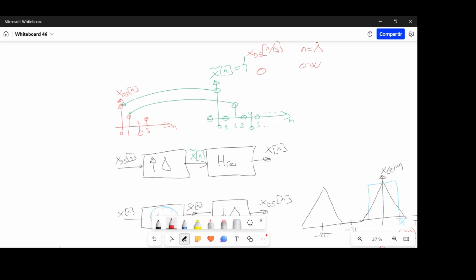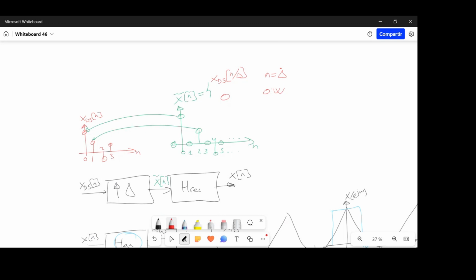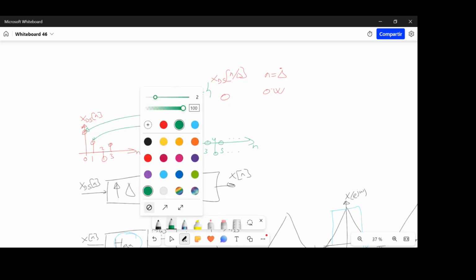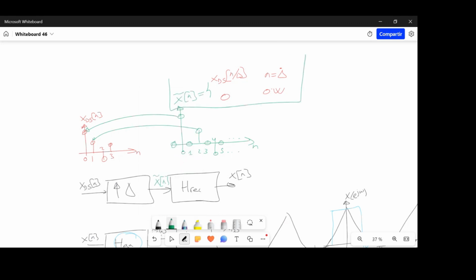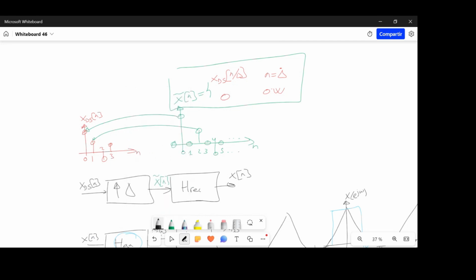Okay, so this is my upsampling operator. And now this signal is not good, so it has value 0, value 0, and so on. We don't want that one. So what we do now is to convolve this one with the reconstruction filter.